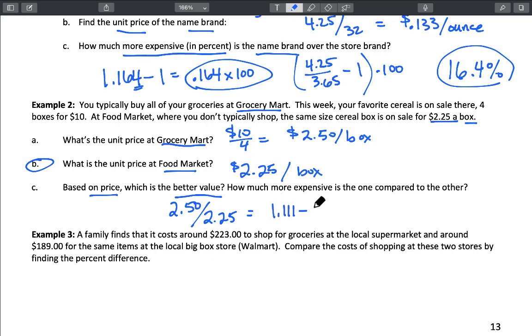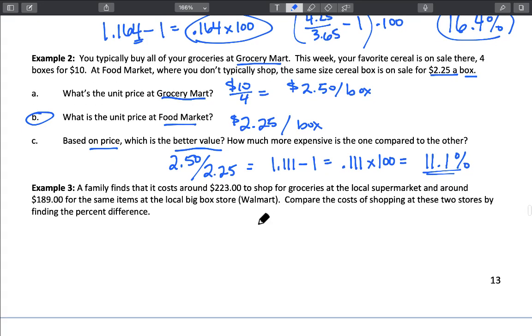I'm going to subtract 1 from that, and that gives me 0.111. Now I need to multiply that by 100, and that comes out to be 11.1%. So Grocery Mart is 11.1% more expensive than Food Market.